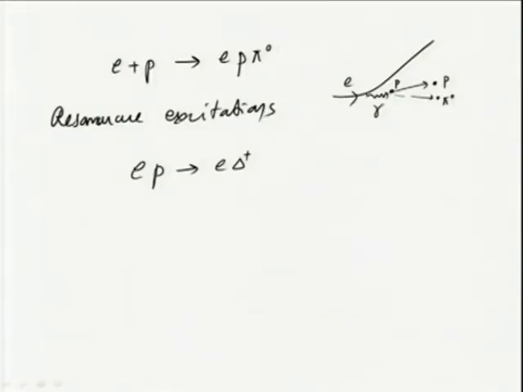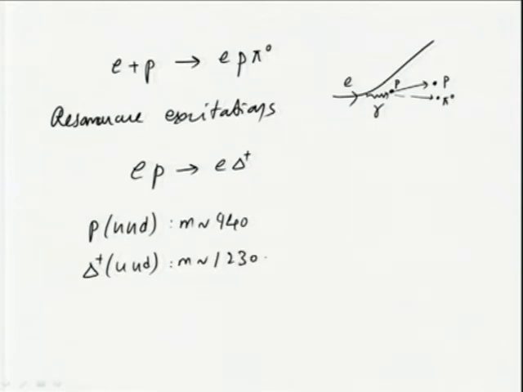Say for example, the proton is made of uud quarks, and we know that there is another bound state which has a mass of about 1232 MeV, larger than that of the proton, which means that the energy of this delta plus is larger than that of the proton.